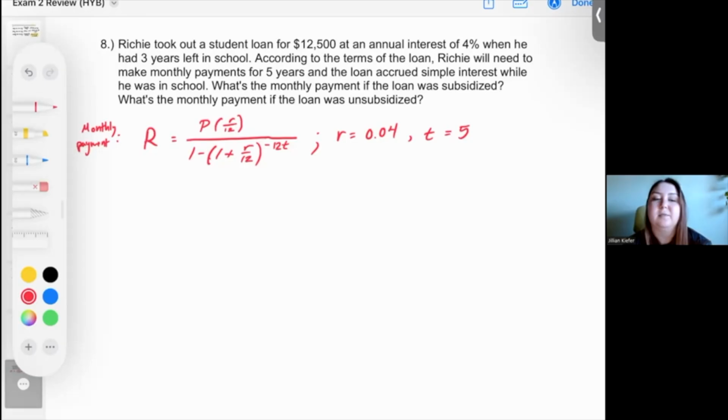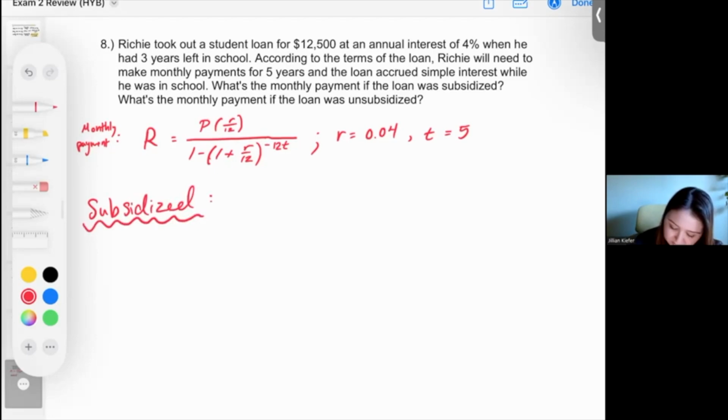So t is 5. The other things that we need are the principals. So for our subsidized, we'll start with subsidized. For a subsidized loan, principal is going to be our original principal.